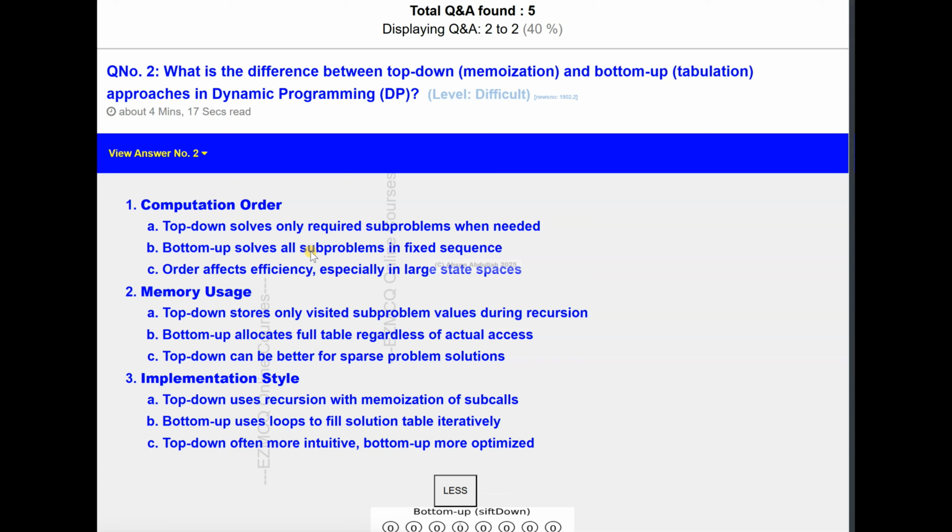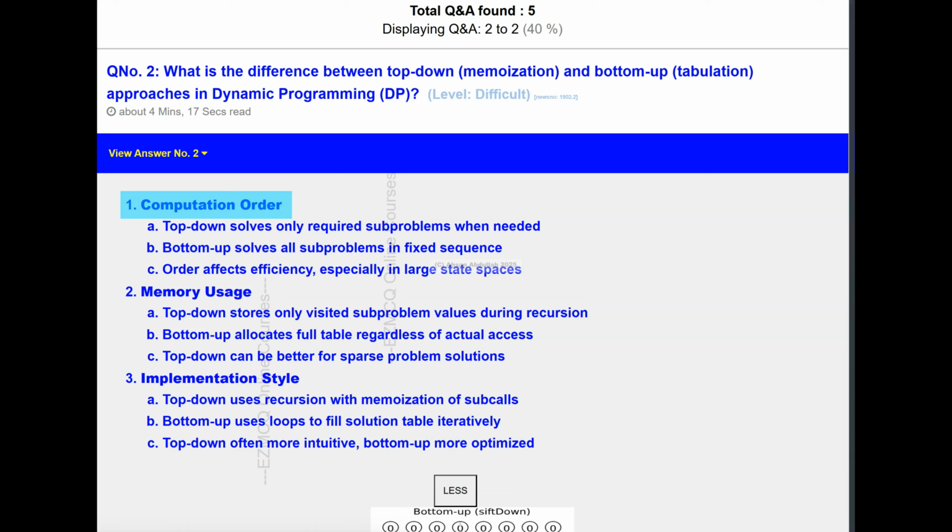Why? To ensure consistency, but it can potentially result in wasted effort. As a result, top-down is better for selective decision processes, while bottom-up is better for almost exhaustive policy evaluation in deep reinforcement learning. So we are basically looking at this aspect.